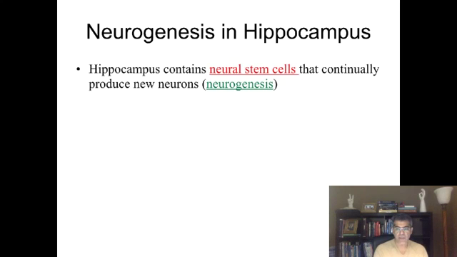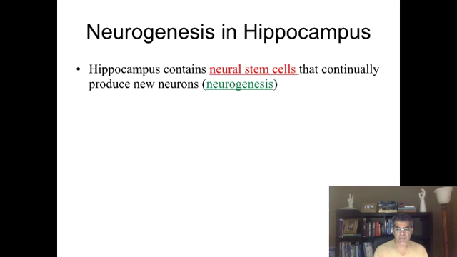We mentioned that hippocampus is a place that consolidates the memory and also creates new memories for us. It should be interesting to you to know that although we don't have any neural stem cells in the brain, one of the places that you find stem cells will be hippocampus.